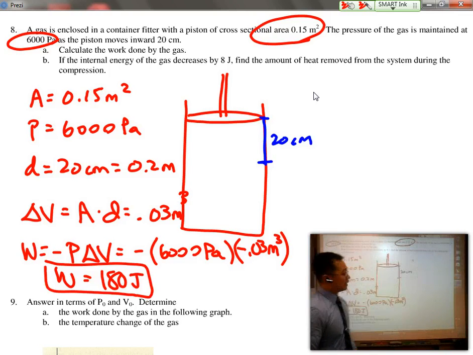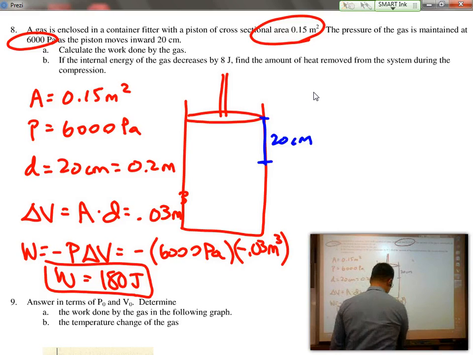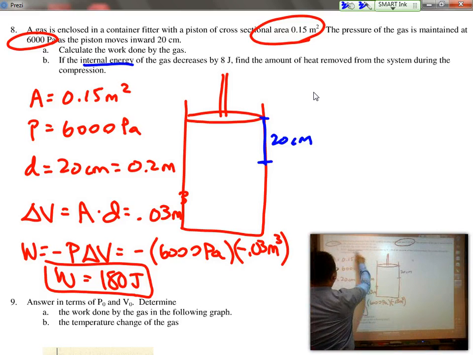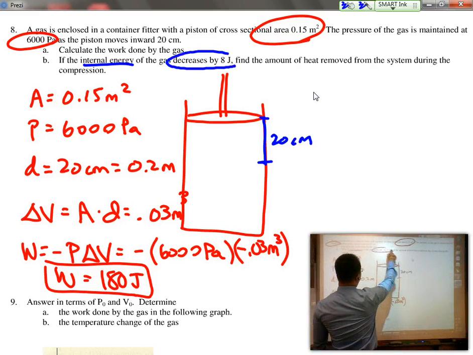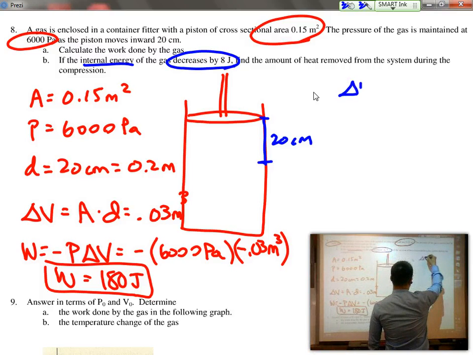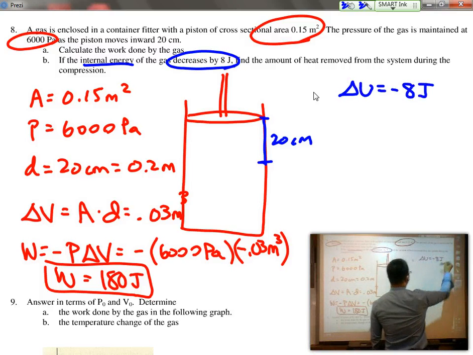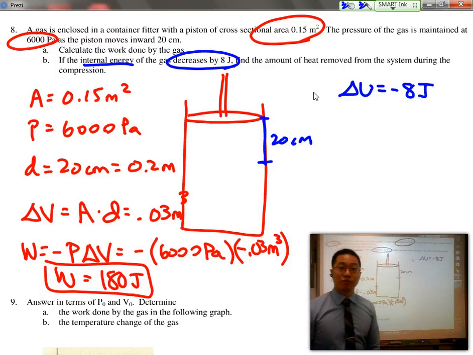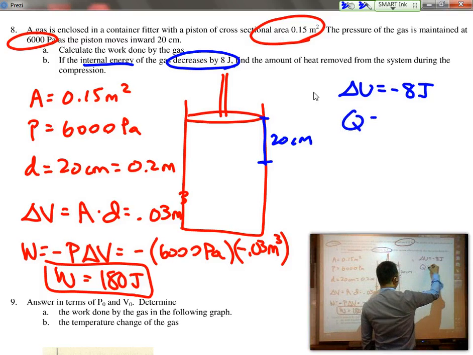Okay. Now, for the second part of the question, they're assuming the internal energy, that's delta U, decreases by 8 joules. If delta U is equal to negative 8 joules, they're asking us how much heat was removed from the system. What's Q?